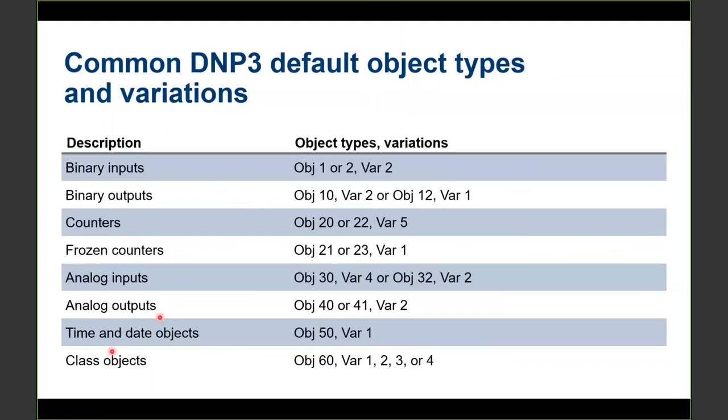And even the class polling, class 1, 2, and 3, is also a type of object, object 60. The variation defines which type of class is in this object 60. So for example, object 60 variation 1 is class 0, and object 60 variation 2 is class 1 polling. And object 60 variation 3 is class 2 polling.